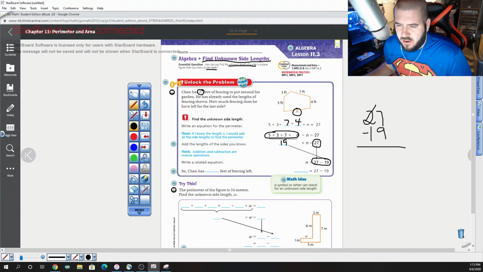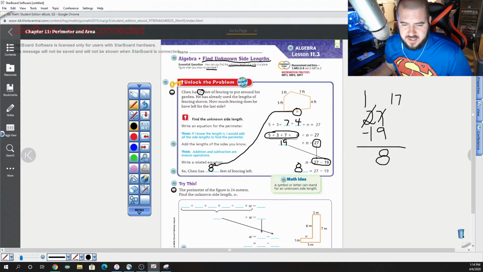We're going to have to borrow. We're going to make this a 1. We're going to make this a 17. Now we can solve. 17 minus 9 is 8. And 1 minus 1 is 0. So our answer is 8. So we know that Chen has 8 feet of fencing left. N is going to equal 8.